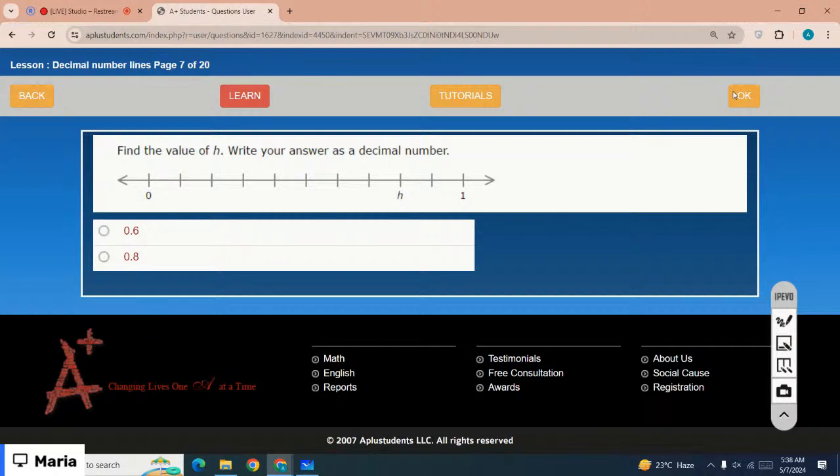Find the value of h. Write your answer as a decimal number. Which is the correct option? Yes, that is 0.8.